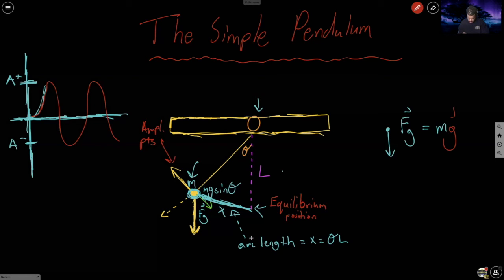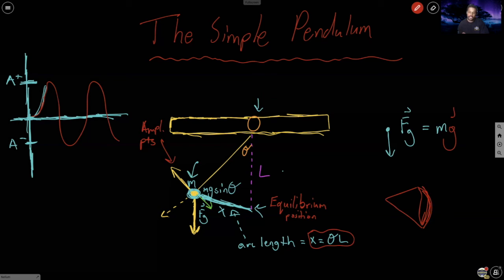Okay, and we have the arc length, which is pretty much the path that the pendulum travels. And the arc length is pretty much the crust of the pizza, right? It is this part here, that length, because it's curved, that we call the arc length.